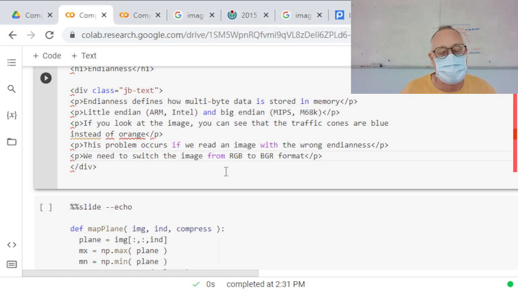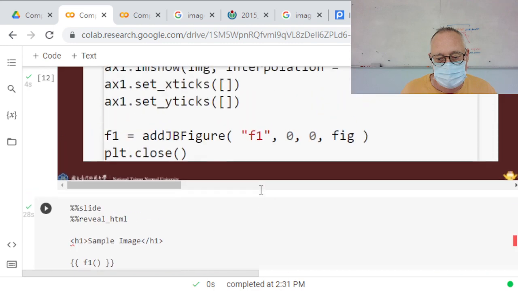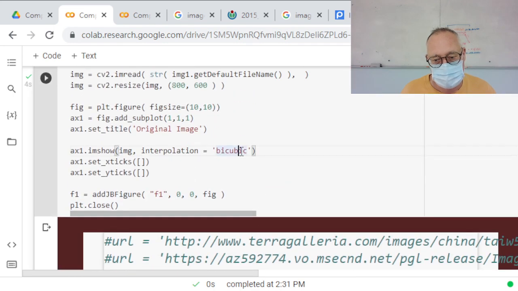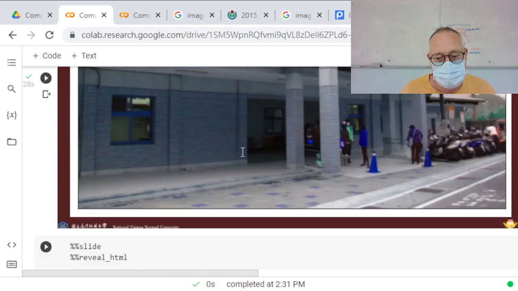So luckily this can be done very easily using NumPy.